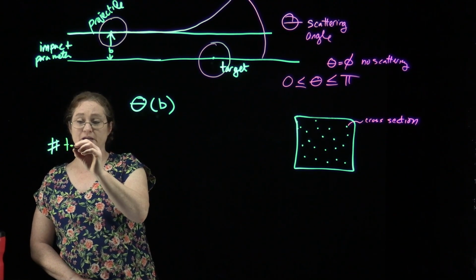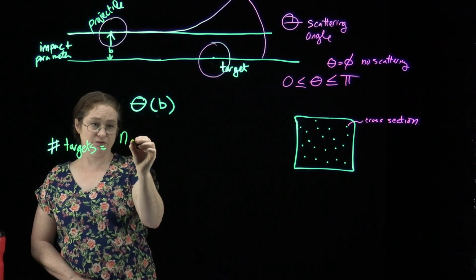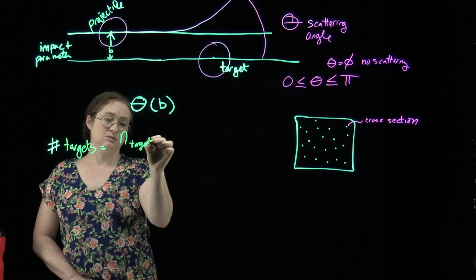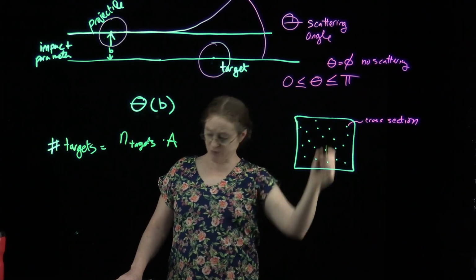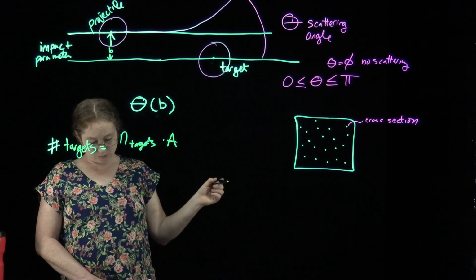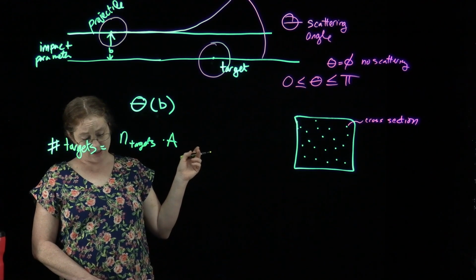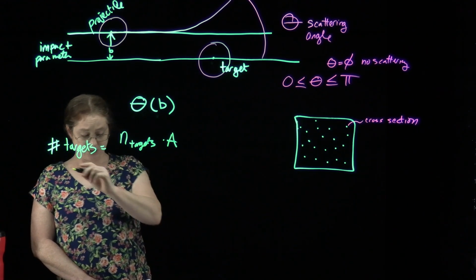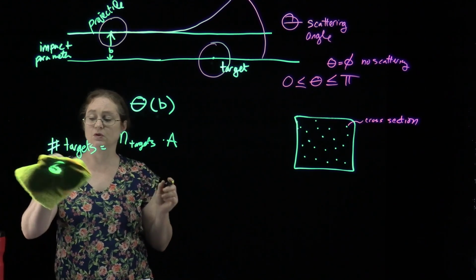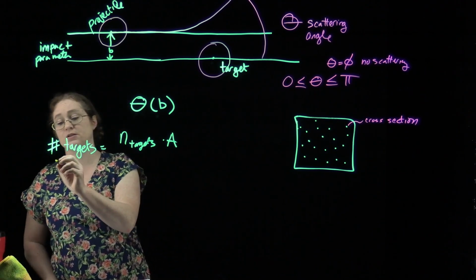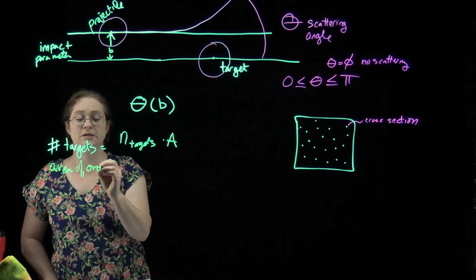So the number of targets is going to be the density of targets times the cross-sectional area of the foil. Where what we're after here is the cross-sectional area of one target nucleus.